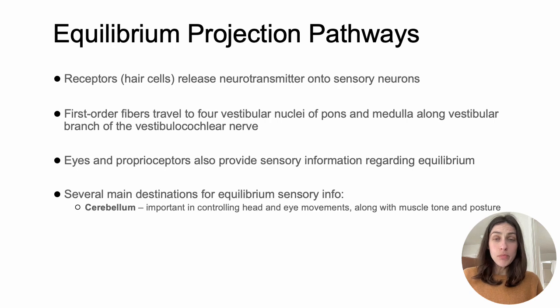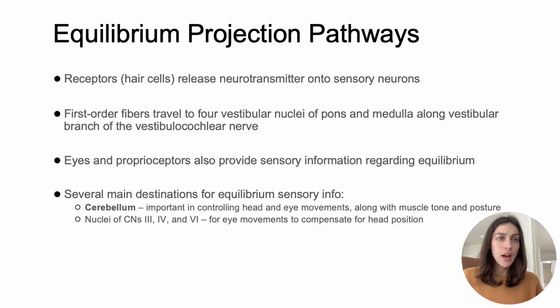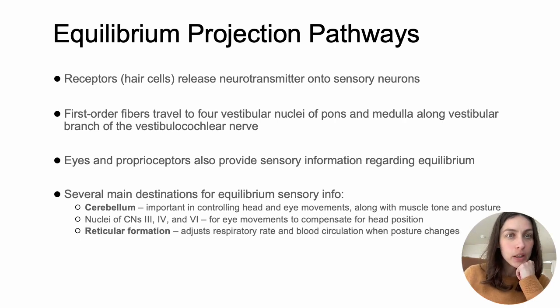So the cerebellum is going to receive some information from your vestibular apparatus. Some information is going to go to the nuclei from where the cranial nerves for eye movement begin, so you can react with your motor neurons appropriately.